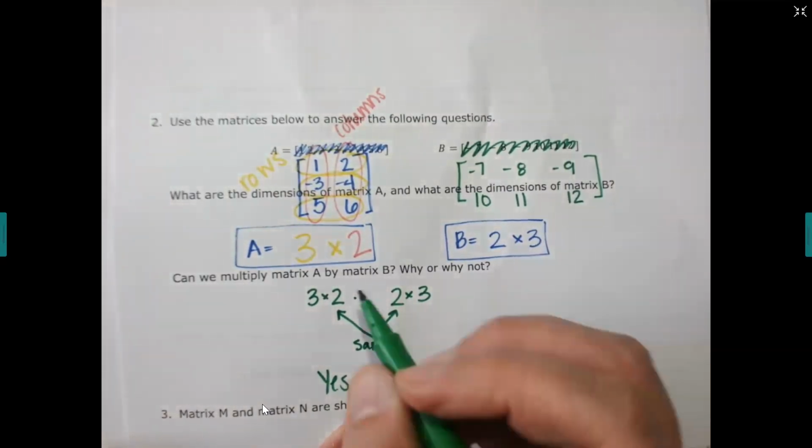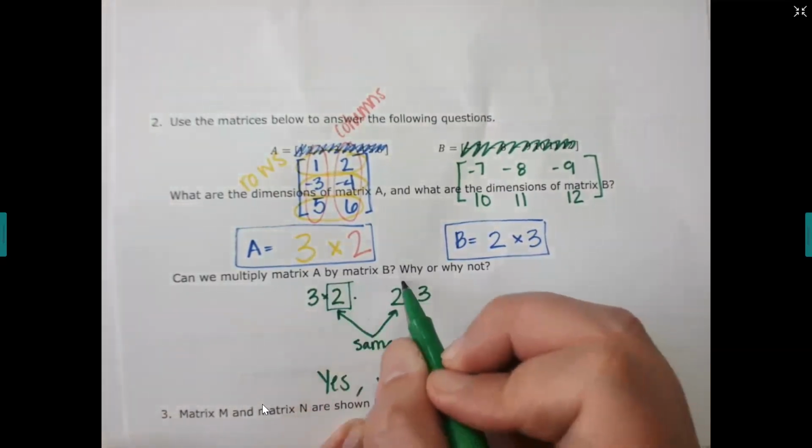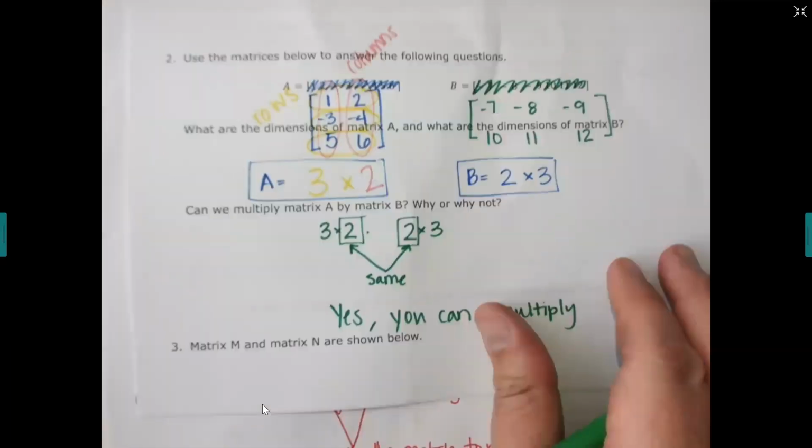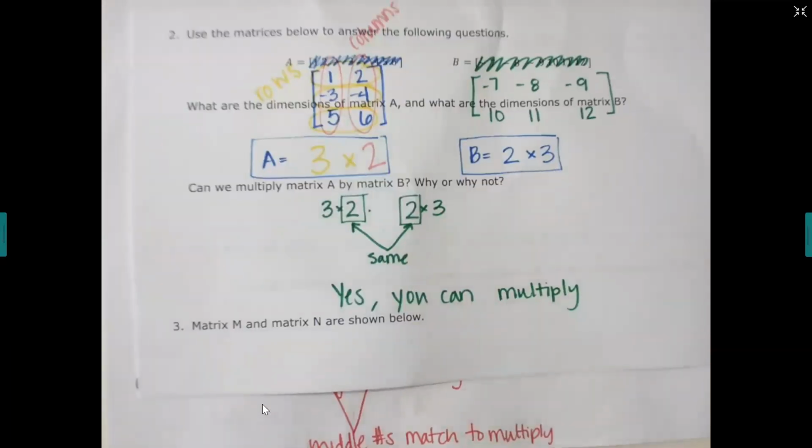But your 2 middle numbers here and here, they have to be the same, or else if you try to multiply it in the calculator, it'll give you an error. Okay? So you should have your number 2 all the way done.